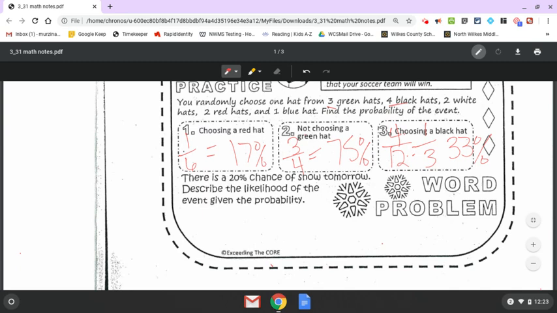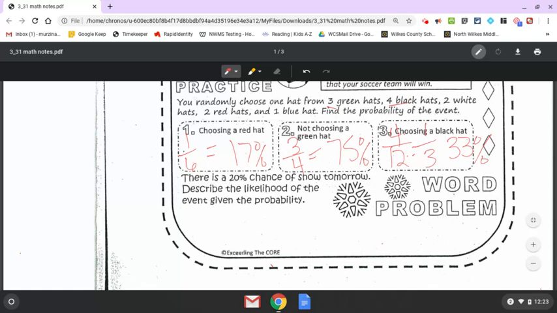Now, the very last one down here, this word problem, says that there is a 20% chance of snow tomorrow, which it kind of feels like there might be a 20% chance of snow today. It's chilly outside. But it says that there's a 20% chance of snow tomorrow. So describe the likelihood of the event given the probability.